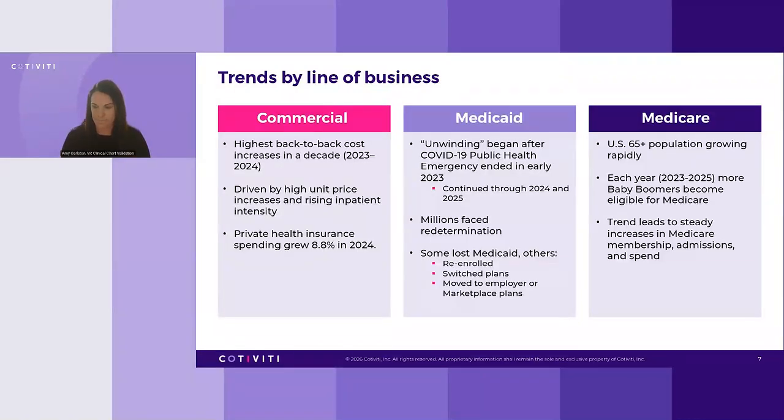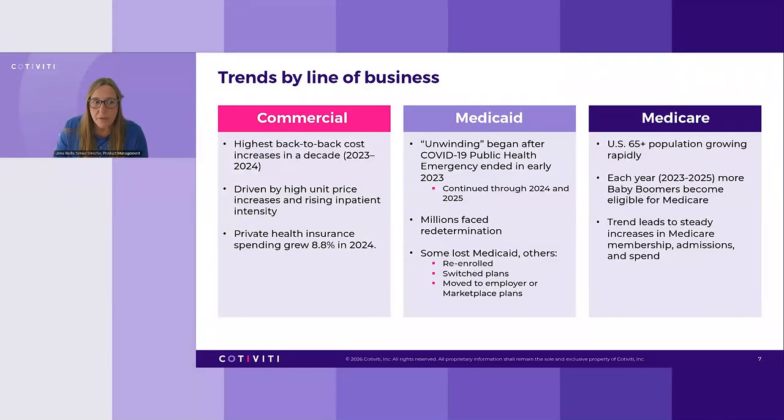Yeah, sure. So commercial is a little bit of an outlier to the earlier comments that Amy has mentioned, that cost isn't a big driver. Where we're seeing inpatient spend slightly differs in the commercial arena, where we have seen the highest back-to-back cost increases between 23 and 24, driven in large part by high unit prices.